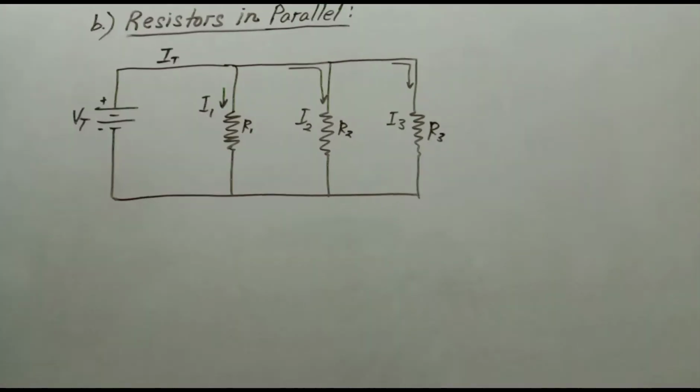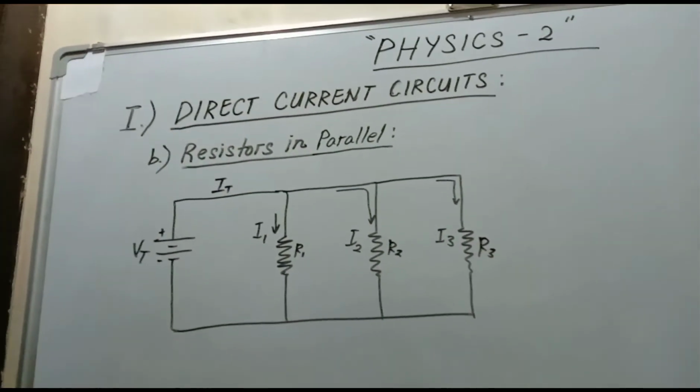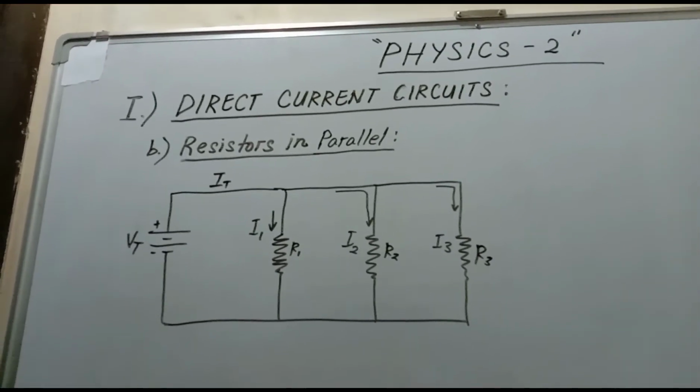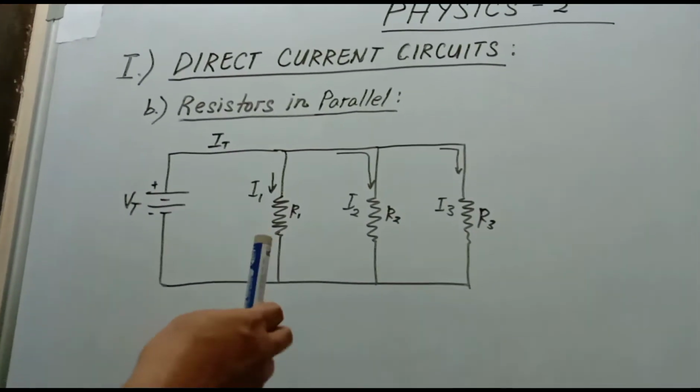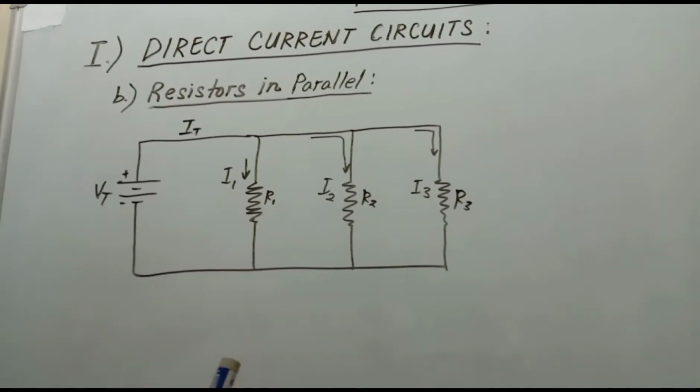Knowing this diagram, the voltage drop across each resistor is equal.